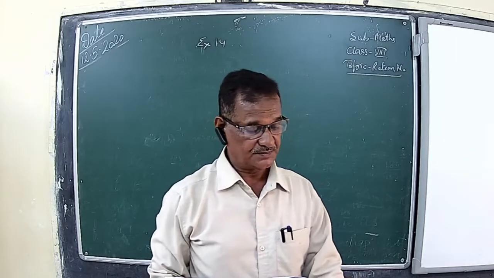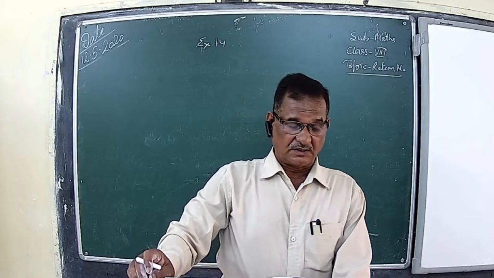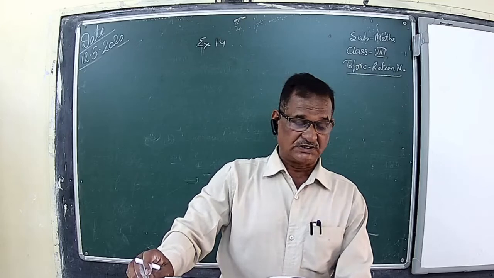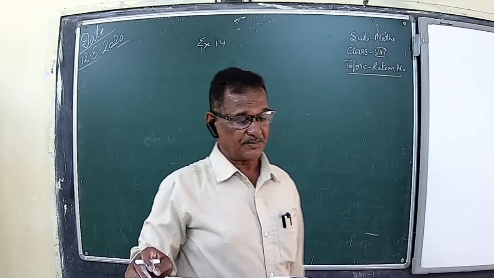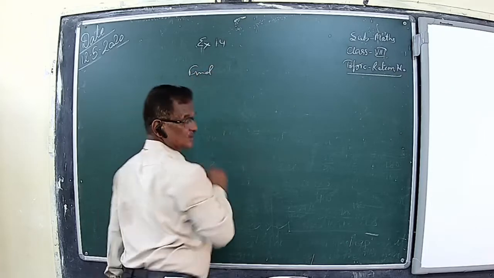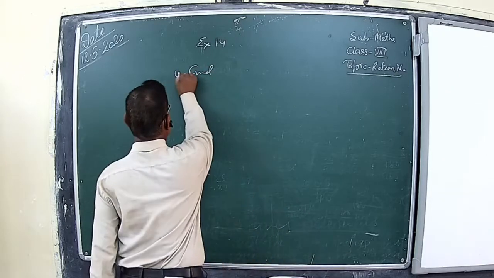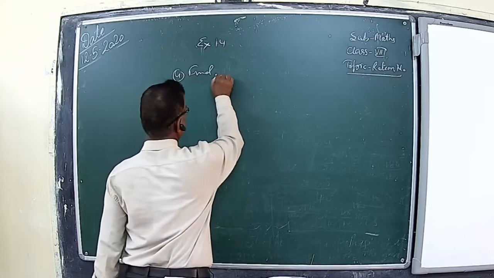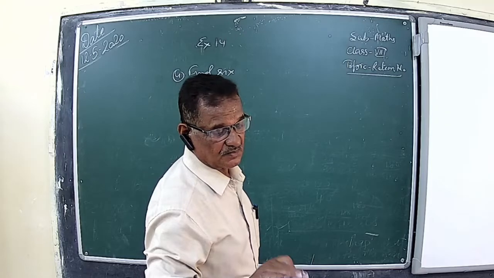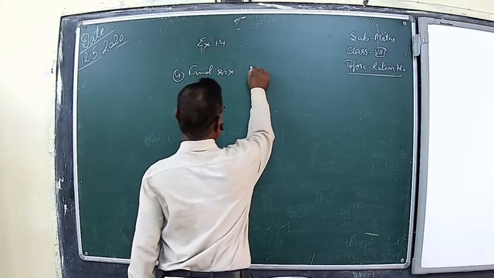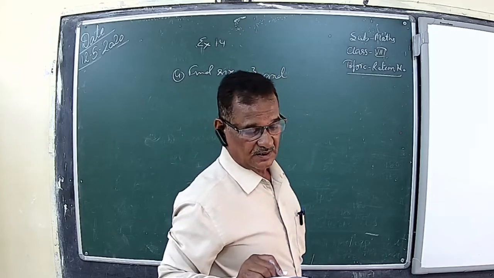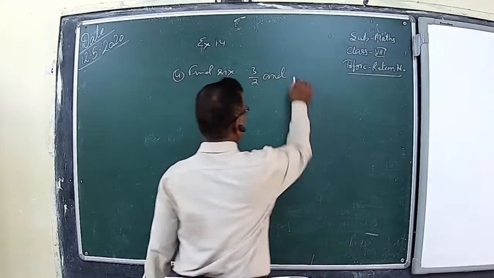Question number 4: find six rational numbers between 3 upon 2 and 8 upon 5.